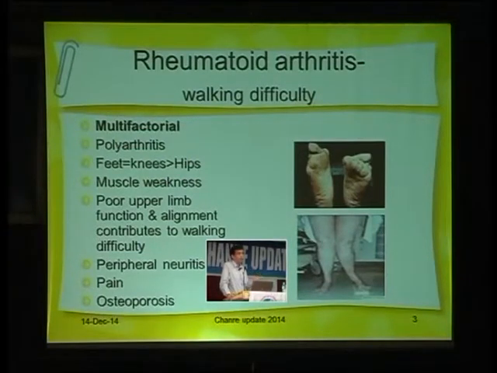But any of these joints, if affected, will affect the ambulation. And also arthritis of any duration would lead to muscle weakness. Quadriceps would become weak, the gluteals will become weak, and depending upon which area is affected, surrounding muscle becomes weak. This contributes to the difficulty in walking, and particularly transfer from sitting to standing position.